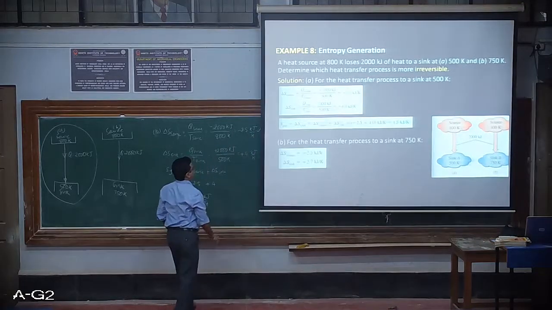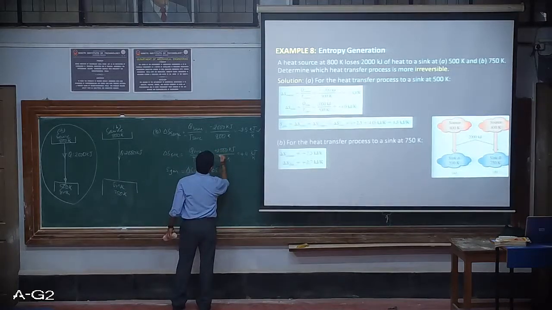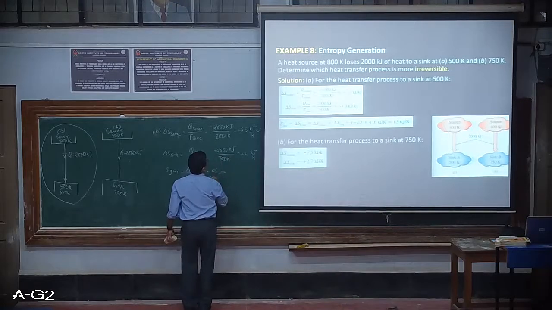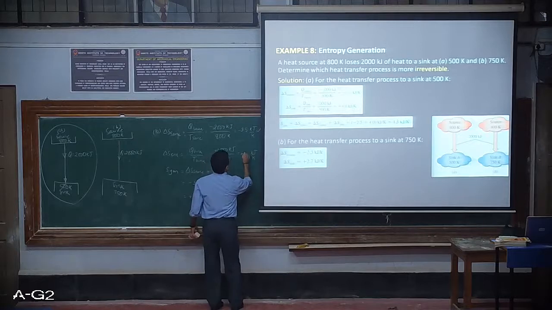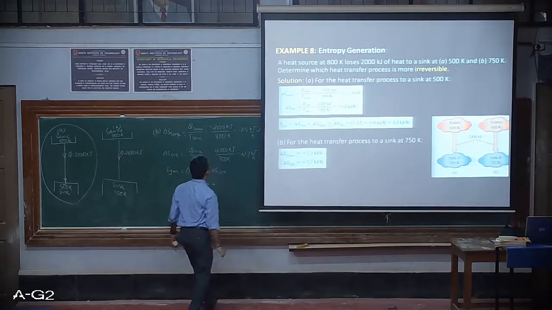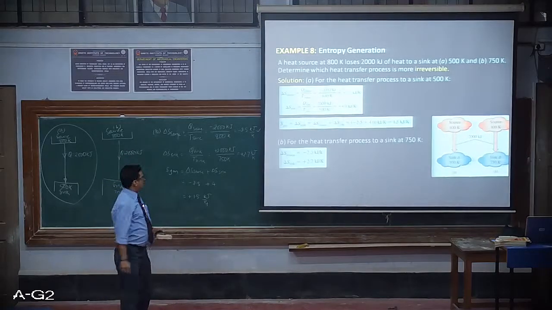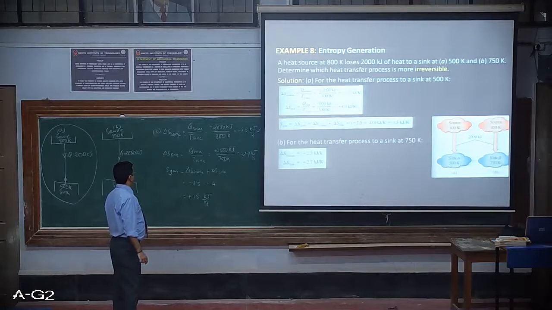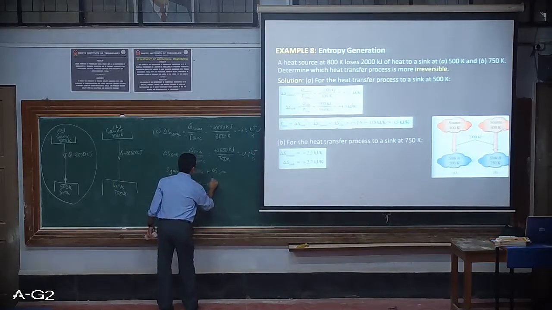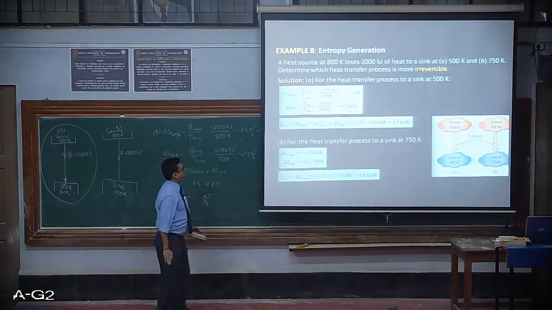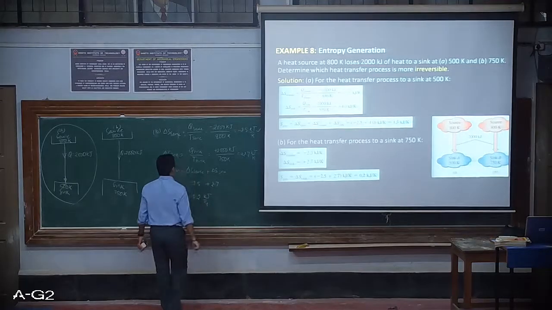Whereas for delta S of the sink, instead of 500 it is 750 Kelvin, and hence the value of 4 changes to 2.7. After calculation it is 2.7, and hence the entropy generation is equal to delta S source plus sink. So it comes finally to 0.2 kilojoule per Kelvin.